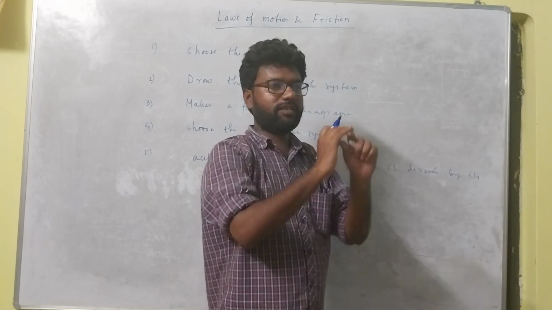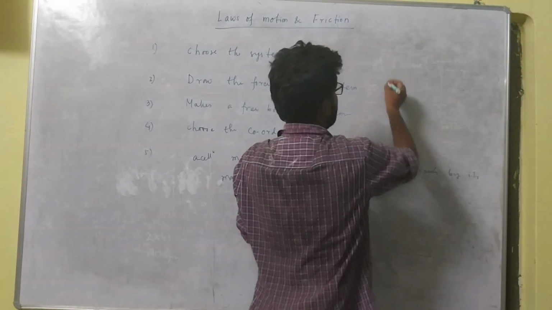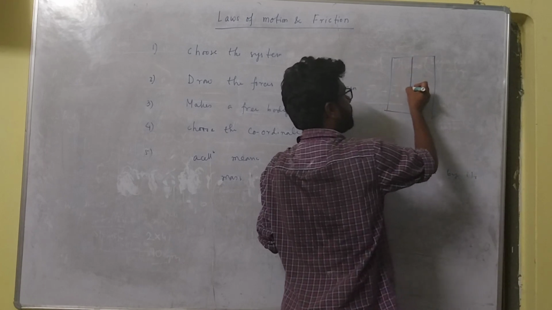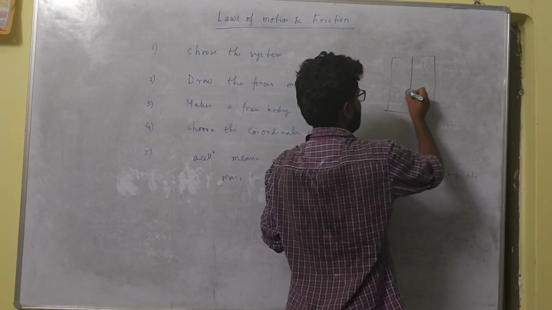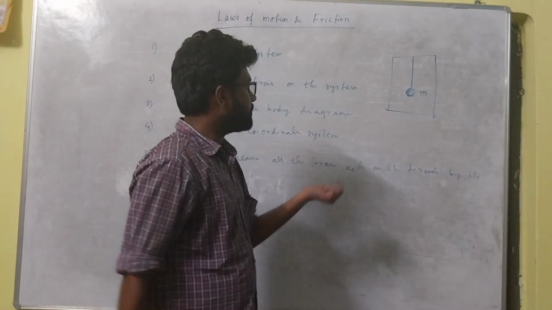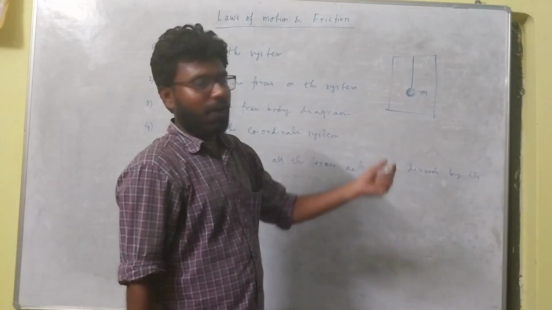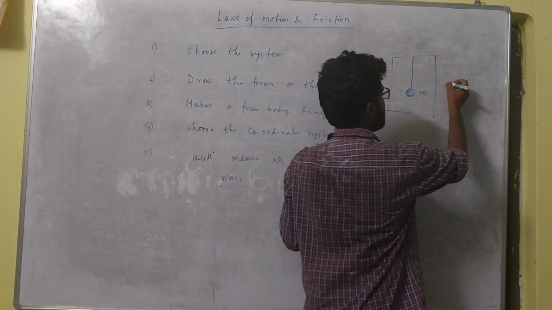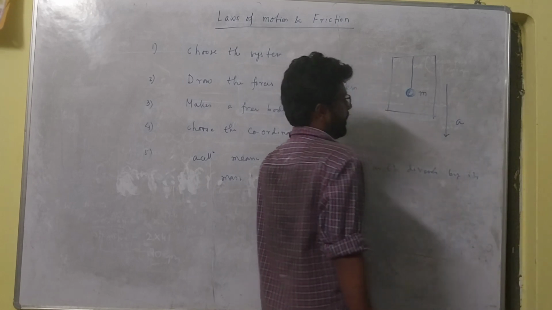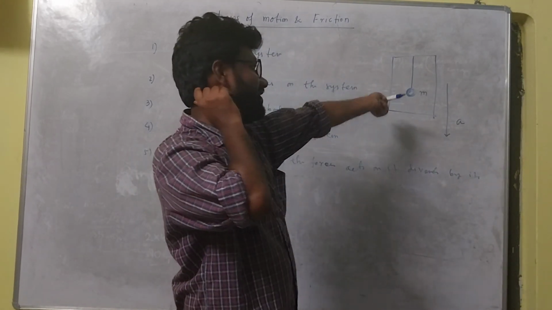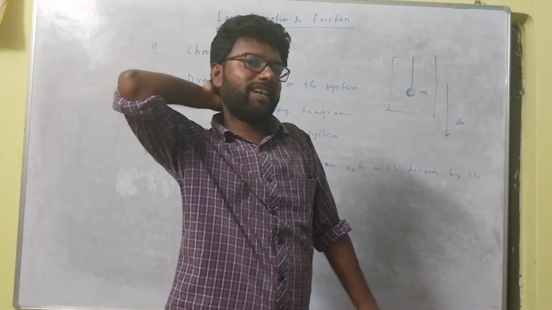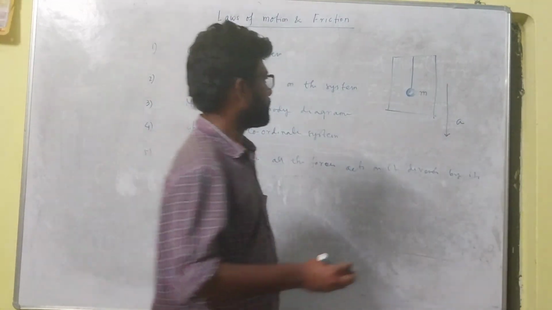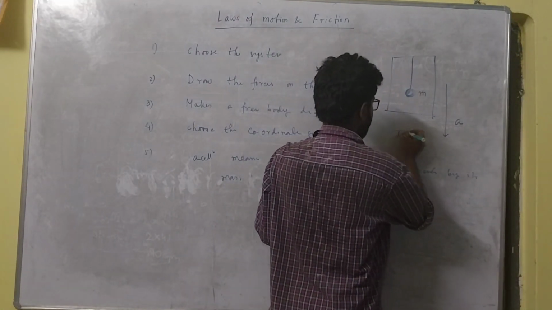There is a lift here, and a string, and a bob of, let's say, mass m, hanging from the top of the lift. Now consider that the lift goes down with an acceleration a, and I want to calculate the tension of the string on the block. So calculate the tension T.